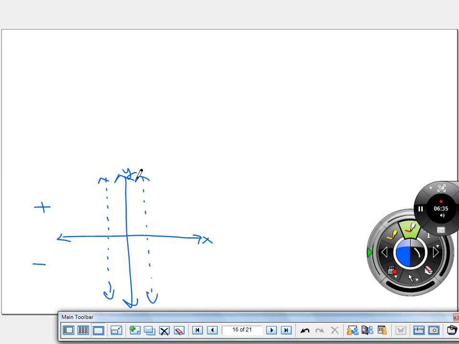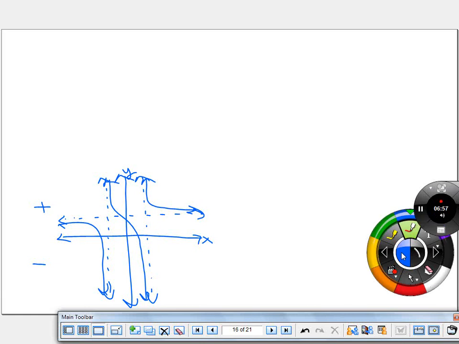Here and here. And let's say this function. So notice that I'm going to outline in green the places where the function has a positive y value.